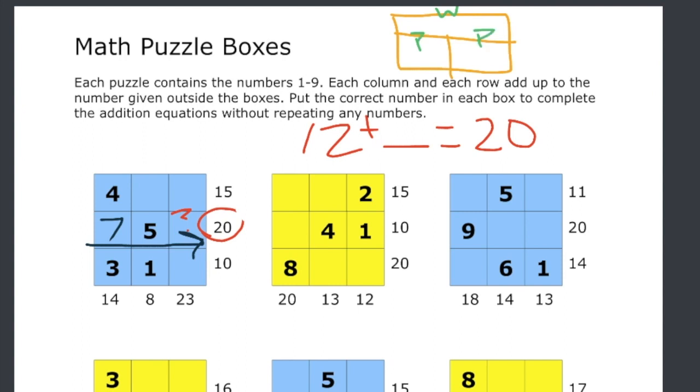An addition sign is a part plus a part equals a whole. So we know that 12 is a part and that 20 is our whole. And if we have a whole and a part, we subtract. So we have 20 minus 12.